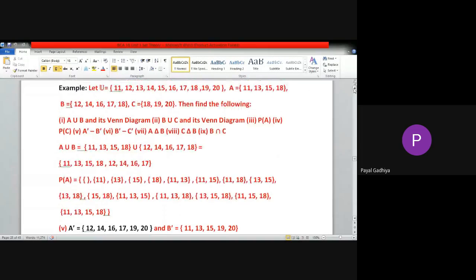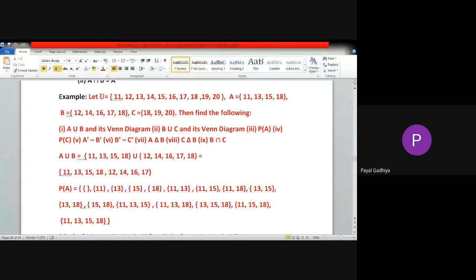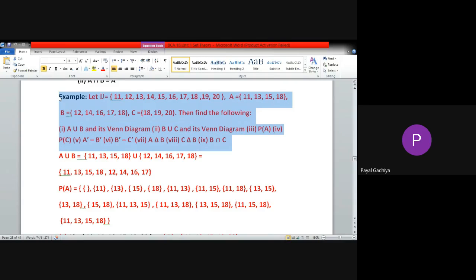A universal set, then three sets given to us, then we calculated A union B, B union C, then power set of A, power set of C, A dash, B dash, symmetric difference of two sets, intersection of two sets, and so on.